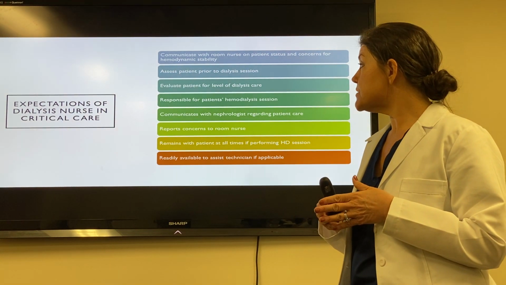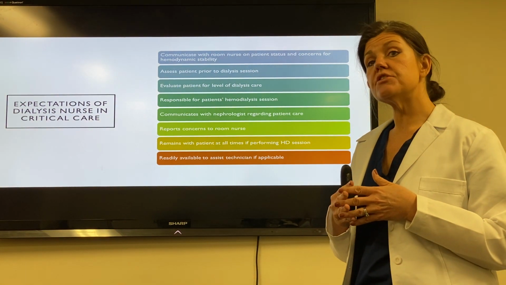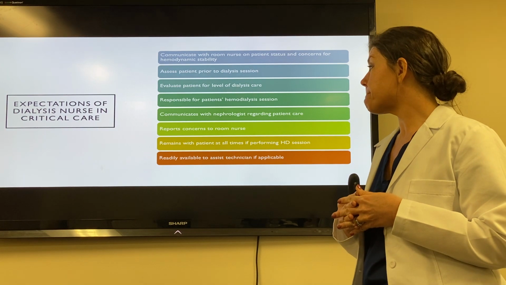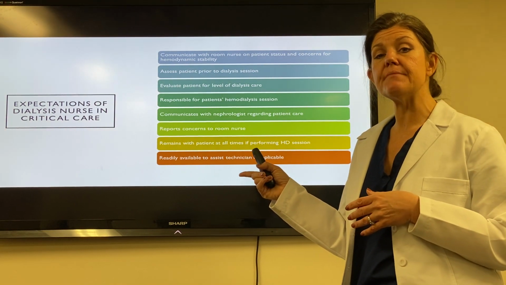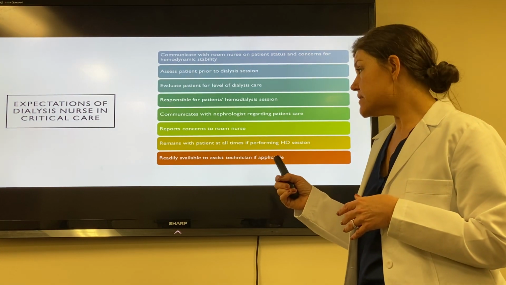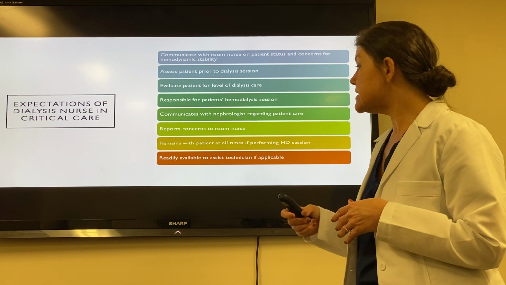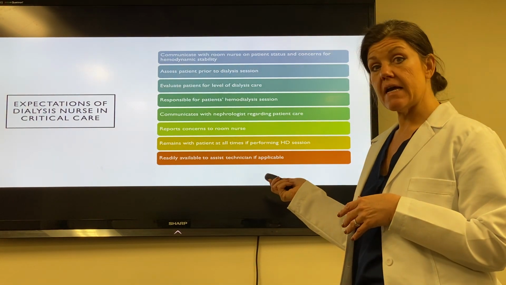They need to be responsible for the patient's hemodialysis session and communicate with the nephrologist regarding the patient's care. They will report concerns to the room nurse and remain with the patient at all times during the dialysis session. The dialysis nurse must also be readily available to assist a technician if a technician is the one running the dialysis.